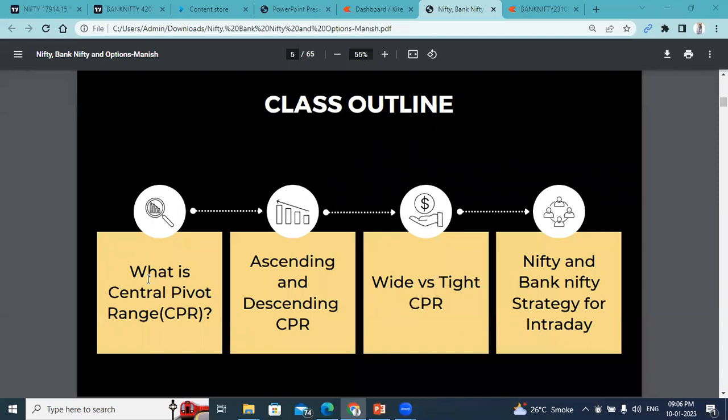Second advantage है, we can also predict whether the day will be sideways or we can expect a trending day. आज का ट्रेडिंग सेशन कैसा रह सकता है, आज के दिन प्राइस क्या पूरा दिन साइडवेज बिहेव करेगी या हम कुछ ट्रेंड एक्सपेक्ट कर सकते हैं, तो ये भी हम सीपीआर से पता कर सकते हैं. So these two are major benefits of using CPR.